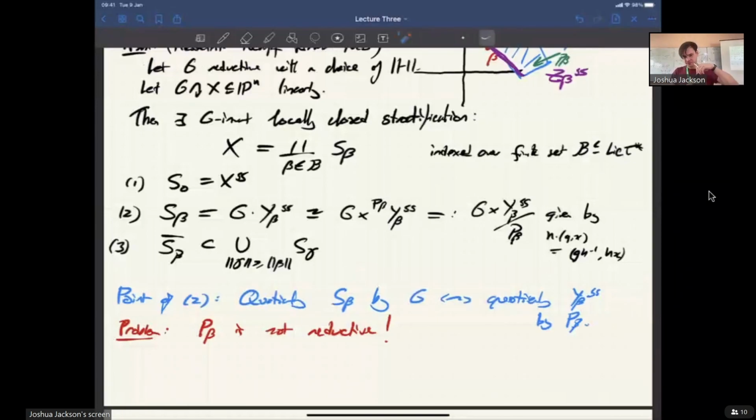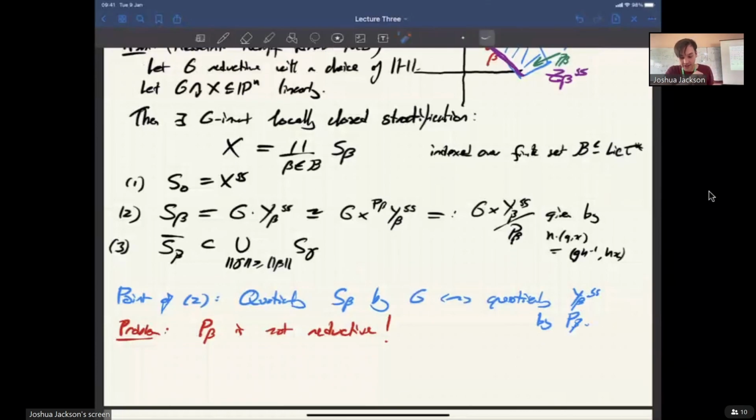Okay, so this is a quotient you can actually do, even though P beta is non-reductive, because essentially the action is free, and so it turns out you can actually do this. So this quotient is not the quotient that you need non-reductive GIT to do. This quotient is just a way of saying what this looks like, and that's perfectly fine.